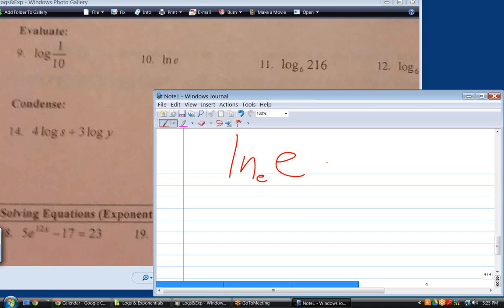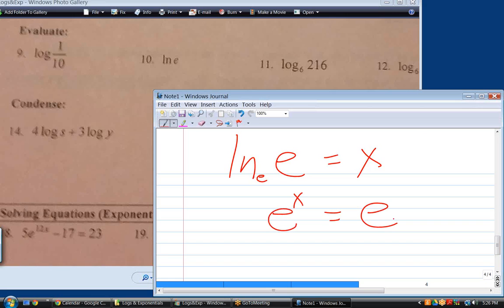So, based on our methods of evaluating it, I need to make it equal to some number that I don't know. So I'll say it's equal to x. And now the way to solve it, to solve for x, is to express it exponentially. E to the x power equals e.